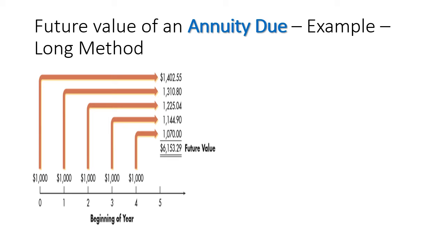At the end of year 2, the third amount, due at the beginning of year 3. At the end of year 3, the fourth amount, due at the beginning of year 4. And at the end of year 4, the fifth amount of 1,000, due at the beginning of year 5.